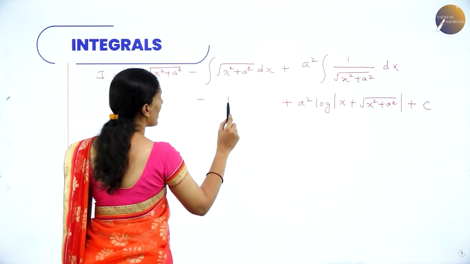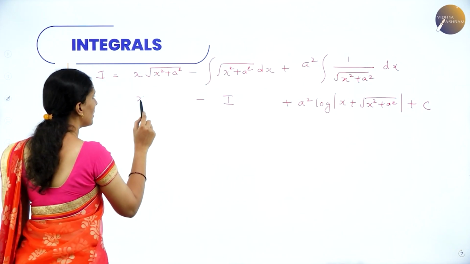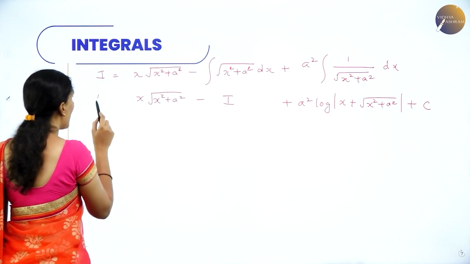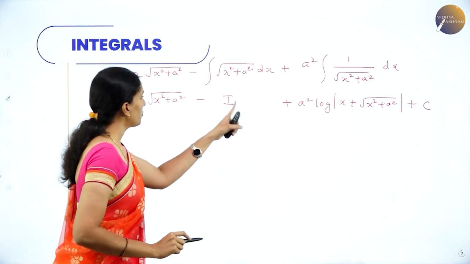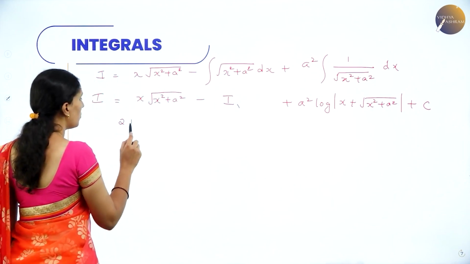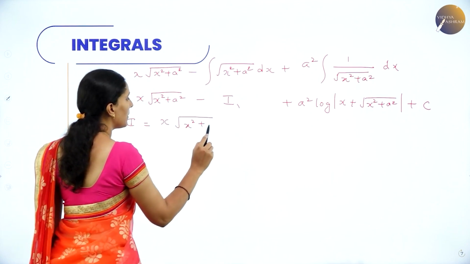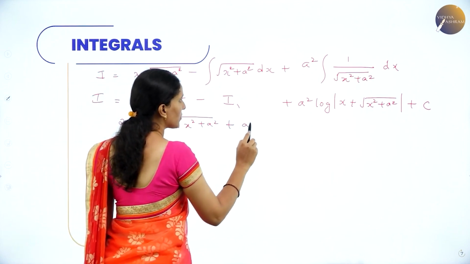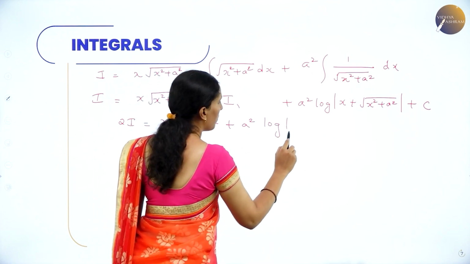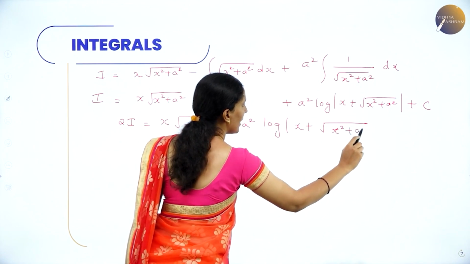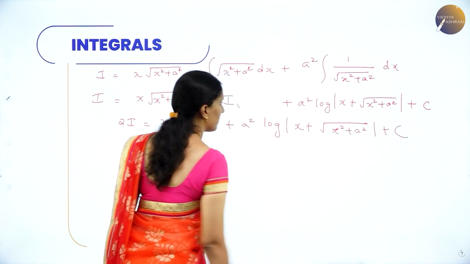So therefore this is minus I, and here it is one and the same, that is x into root of x square plus a square. When you shift I here, this becomes 2I is equal to x into root of x square plus a square plus a square log of modulus x plus root of x square plus a square plus c.